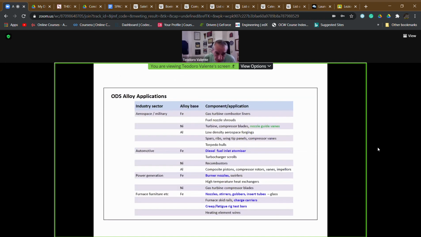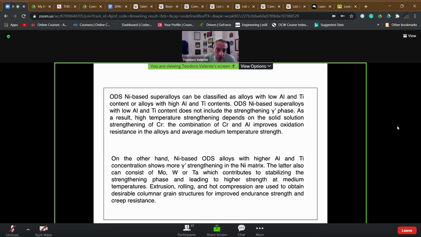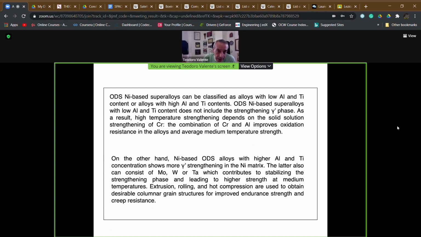We already said something about the interest in applications in aerospace, automotive, power generation, and furnace furniture. But for our purpose, we need to specify that nickel-based superalloys which belong to the ODS class can be classified according to the quantity of aluminum and titanium present as alloying elements.